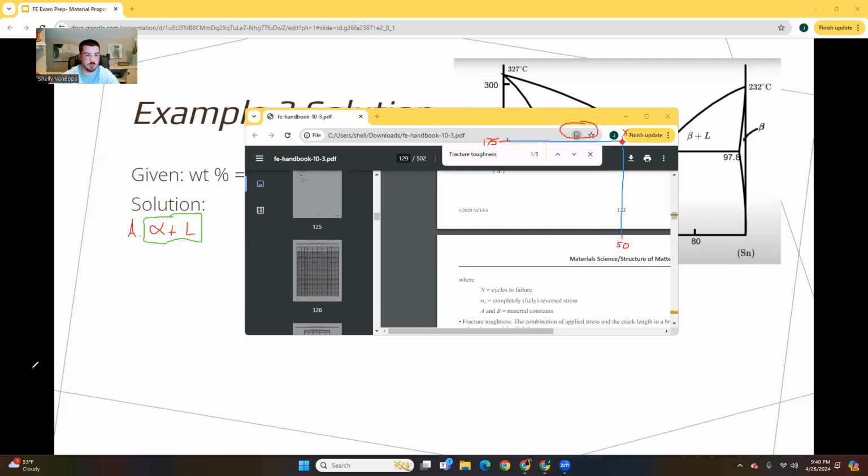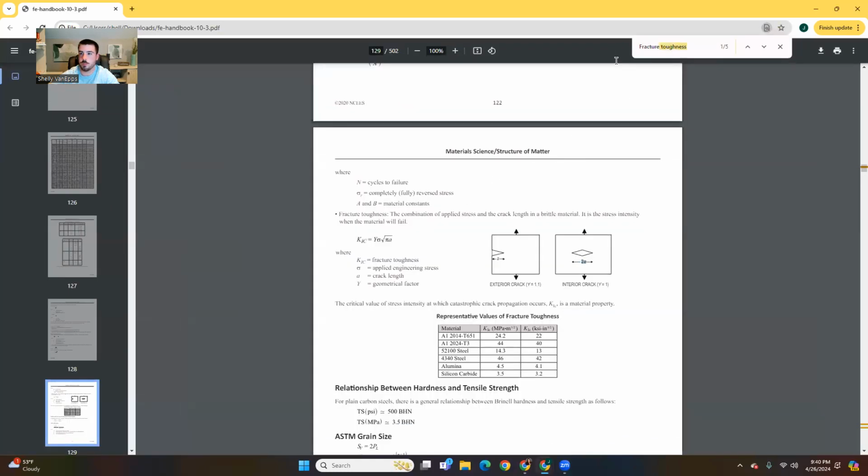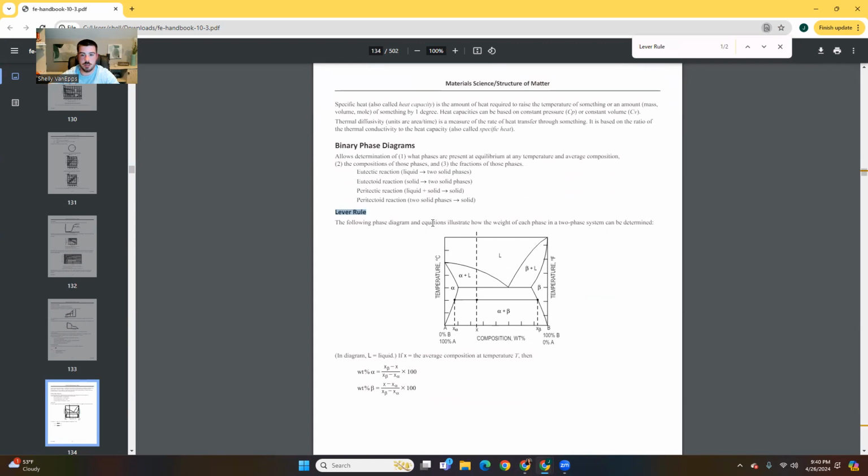At the cheat sheet, this technique is called the lever rule. This should take us right into the phase diagrams.